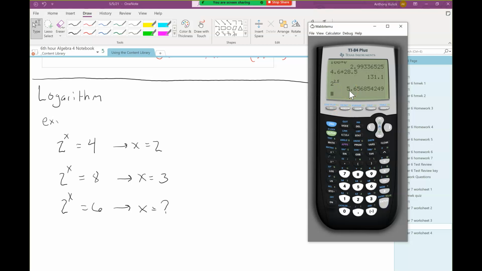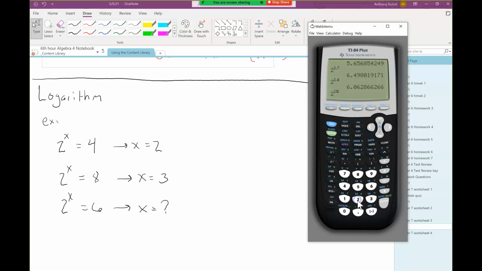But 2.5 isn't it. Should it be bigger or smaller than 2.5? Bigger. A little bit bigger. So maybe we try 2.7. That's too big. So maybe 2.6. Too big still.